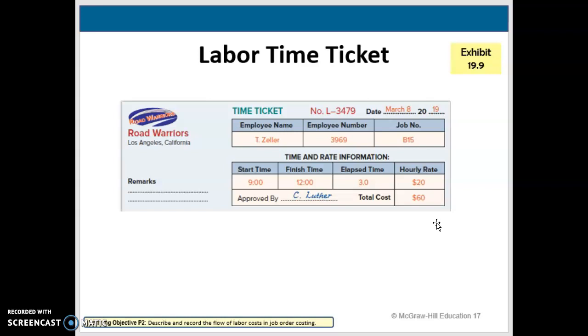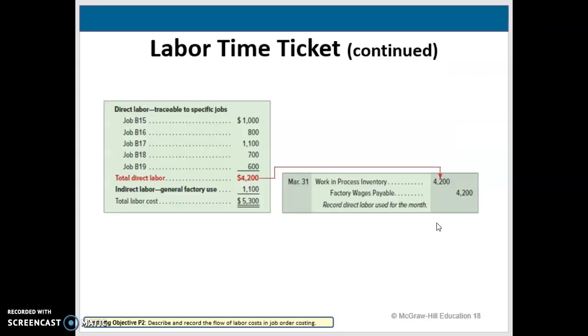We're going to do the same thing for each of the jobs B15 all the way through job B19, and we can see that we have direct labor, a total of 4,200. Again, we're tracking, then recording it in one entry. So we can see here that it's going into work in process inventory, and we're creating a liability that we're going to pay them on payday.